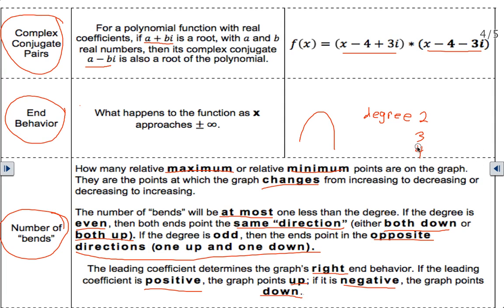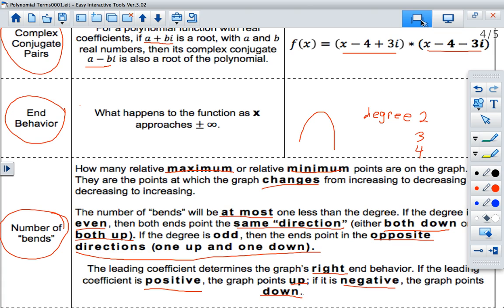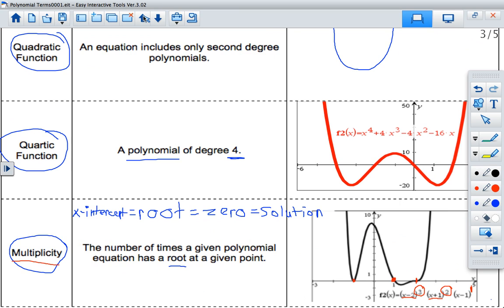Now, does that mean if your degree is 4 that you have to have 3 bends or 2 bends? No, not necessarily. You could have less, but you can never have more than 3 if your degree was 4. Remember how I said we're going to look back at our graph. Do you notice how this one is a 4th degree? So I have 1, 2, 3 bends.